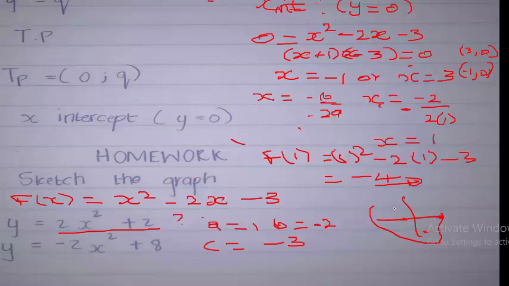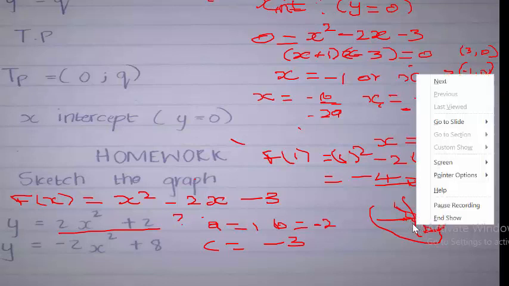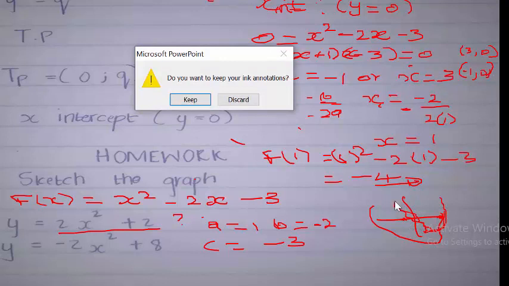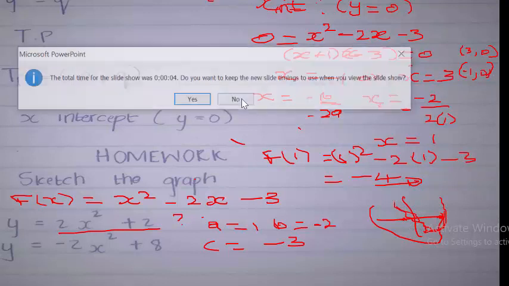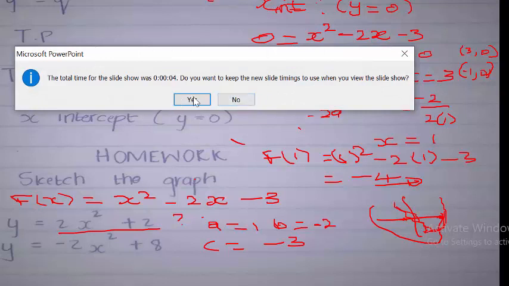Now you have your 2 points and your turning point. You can then start drawing. Remember your y value, negative 3, should be here. So this is how you would do your function for a parabola.